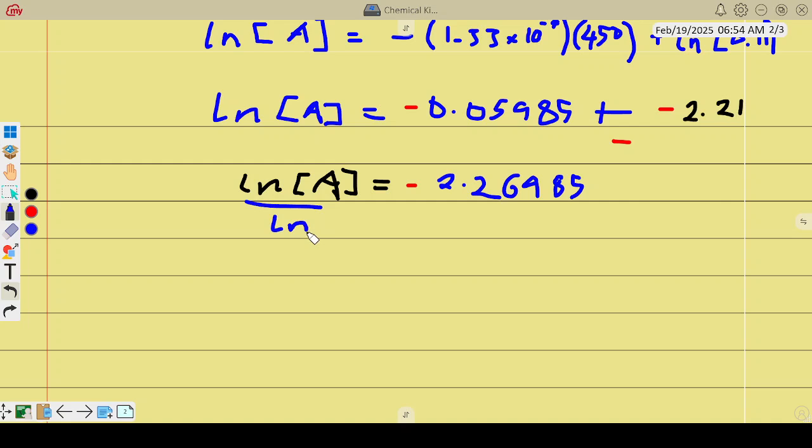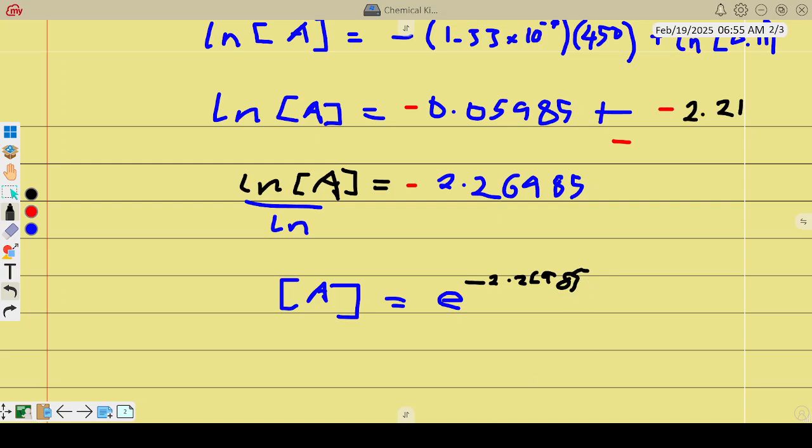We introduce the natural logarithm on the other side. So when we remove the ln on both sides, we have the concentration of A is equal to e raised to those things on top there, negative 2.26985.